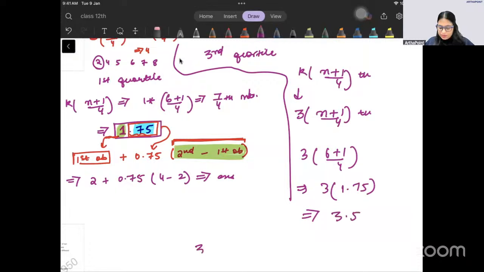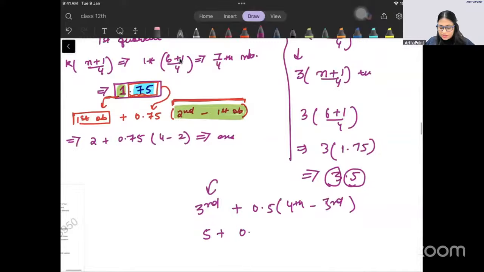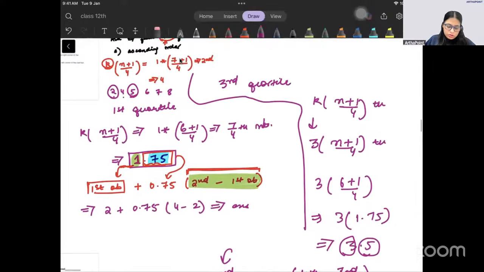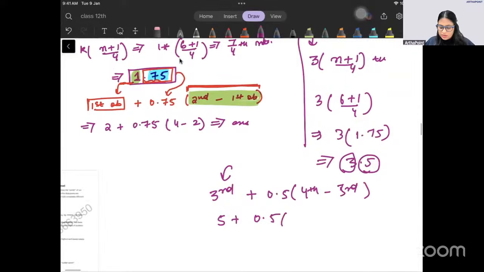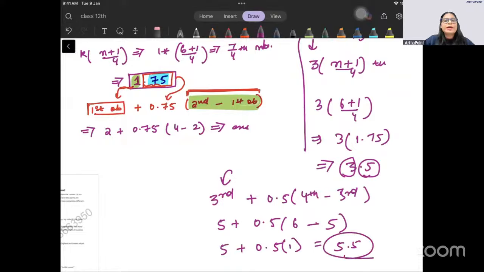So it means it will be the third observation, because 3 is coming here, plus 0.5 times the fourth minus third observation. The third observation is 5, plus 0.5 times (6 minus 5), so it will be 5.5. Clear?